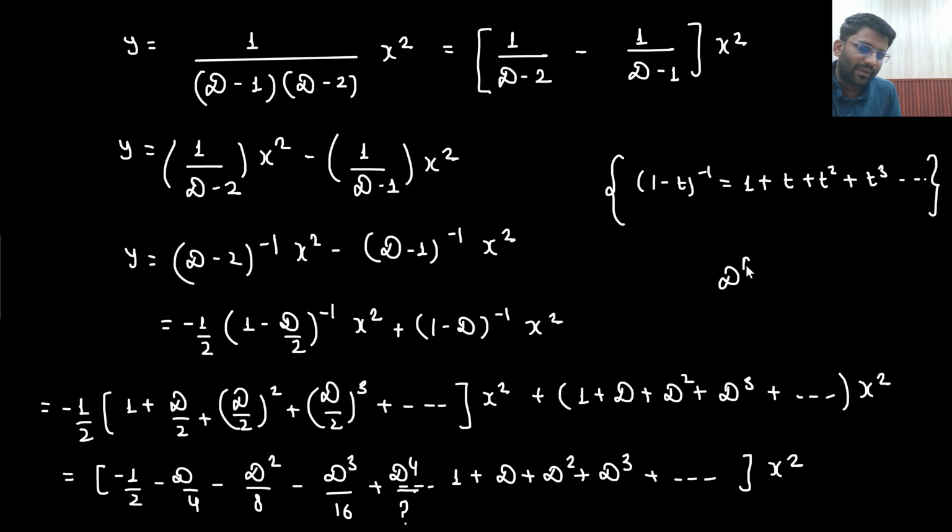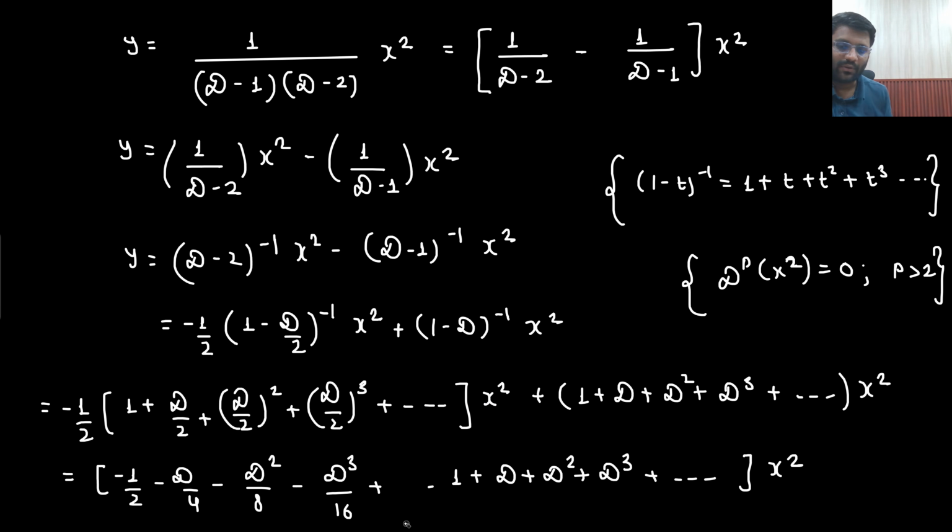Like d to the power p x square will give you 0 if p is greater than 2. Say yes or no. Why is that so? Because if you differentiate x square 3 times, answer will be 0. If you differentiate x square 4 times, answer will be 0. Is that understandable or not? So I don't even need to write down d cube as well, because I know that this will also result in 0 only. But since we have written, let it be.